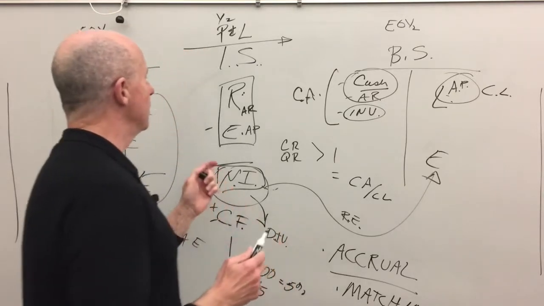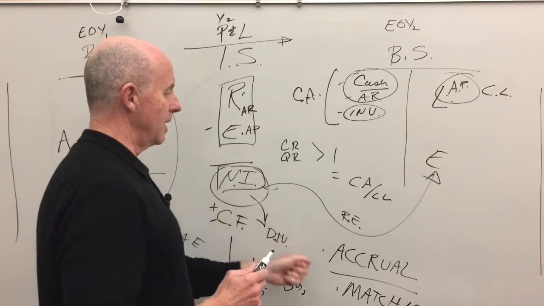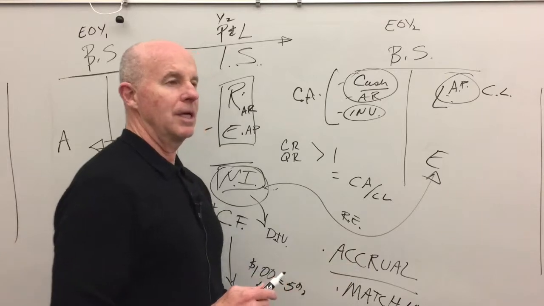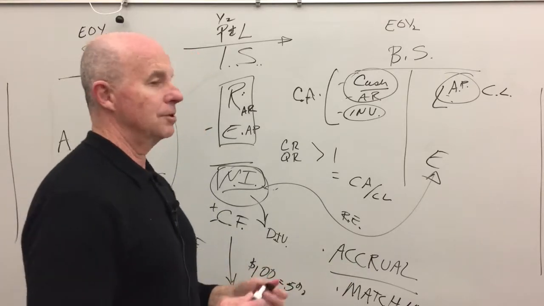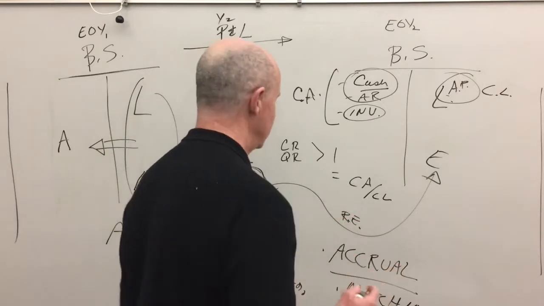So there's one more account basically, or concept, that gets created in accrual. And that is called depreciation. Sometimes it's called amortization, but we'll just call it depreciation.